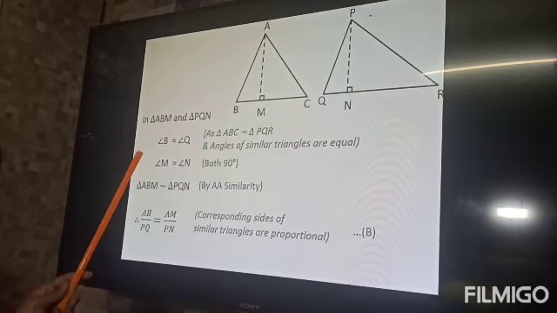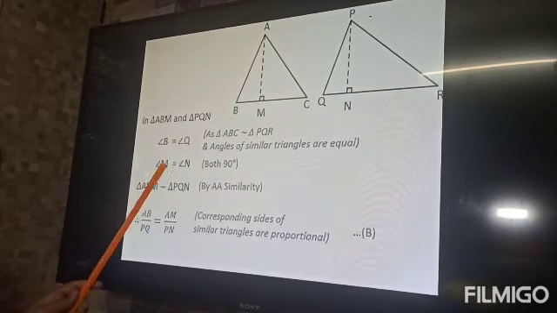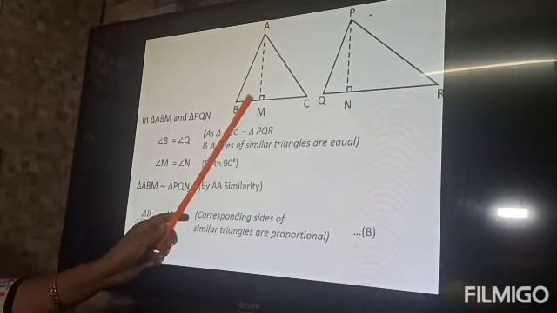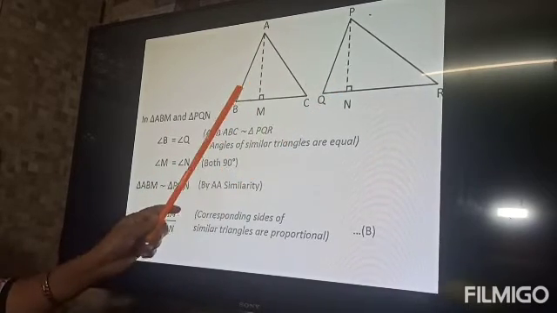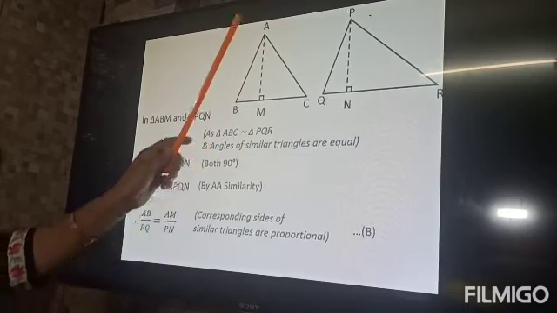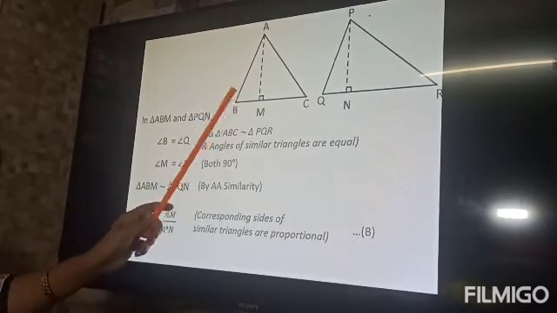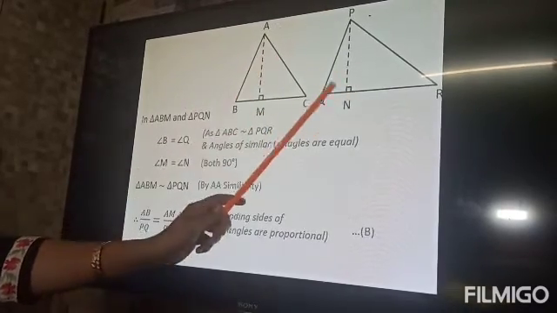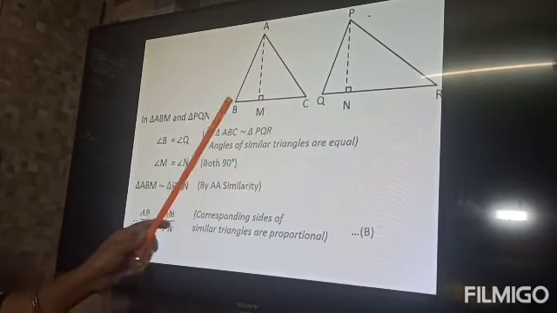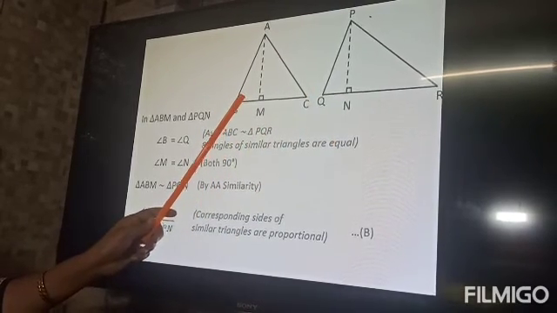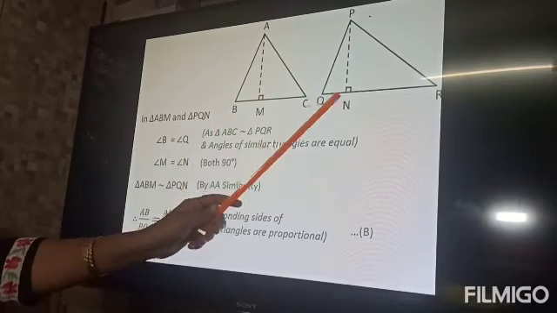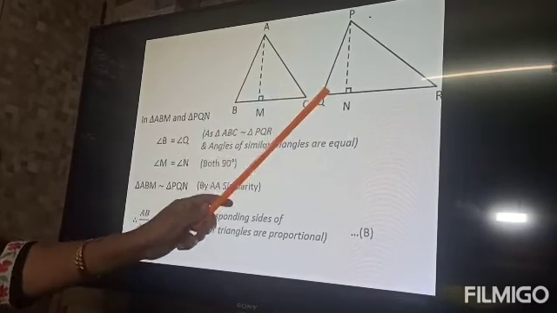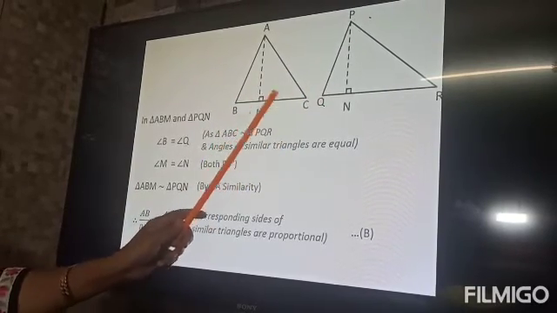Okay. Then angle M is equal to angle N. Angle M is equal to angle N. This is by construction, because this is a perpendicular line to BC and this is a perpendicular line to QR. Therefore, here is a right angle, here also a right angle. Perpendicular line means this makes 90 degrees.